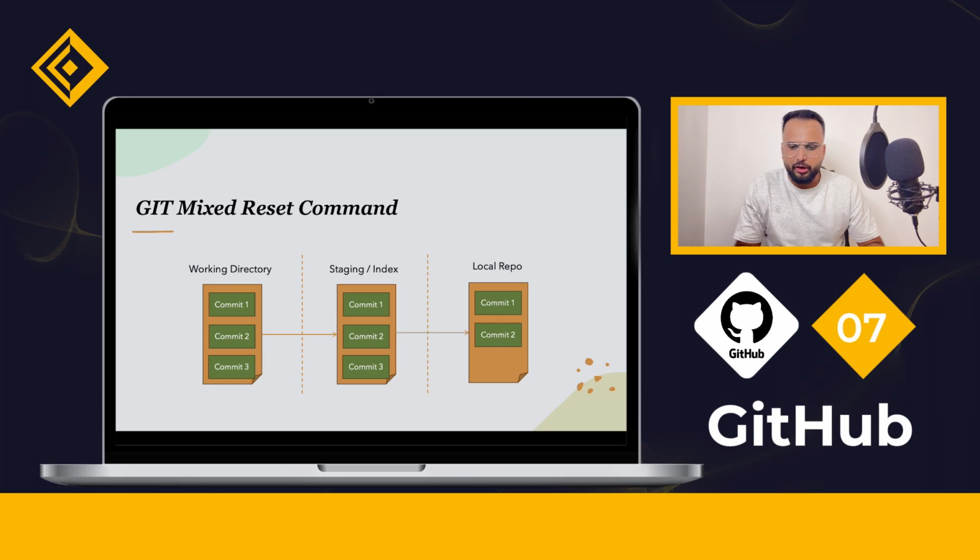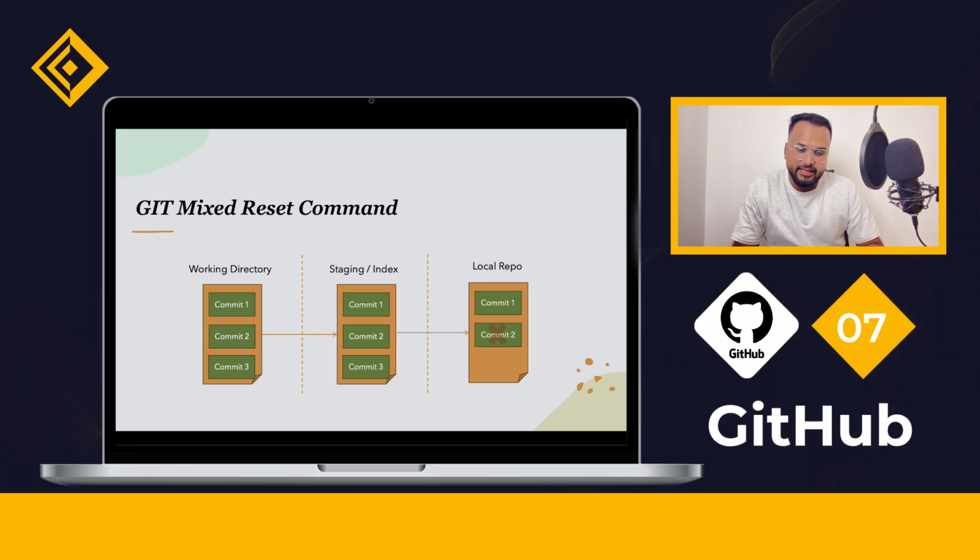You can remove the commits only from the local repository. If you want to move forward, you can say mixed. It's actually the default. If you do not pass a flag with a hyphen, Git will act with its default behavior, and the default behavior is actually called mixed reset.